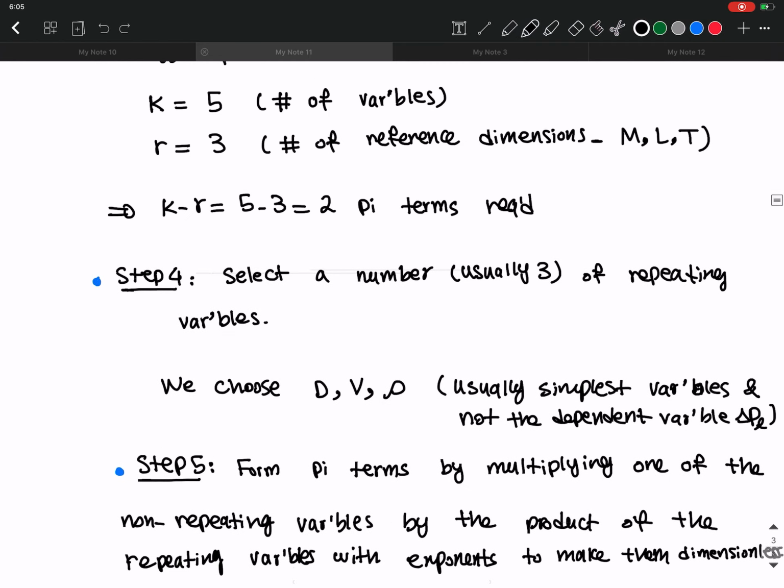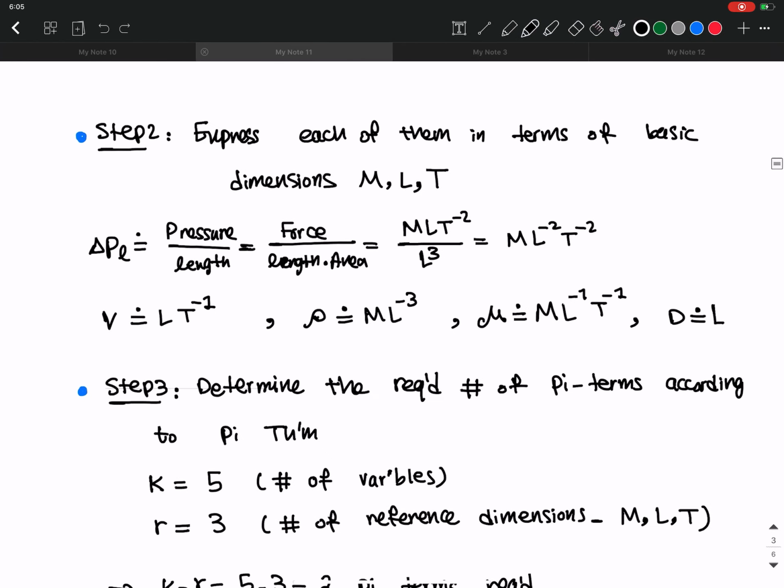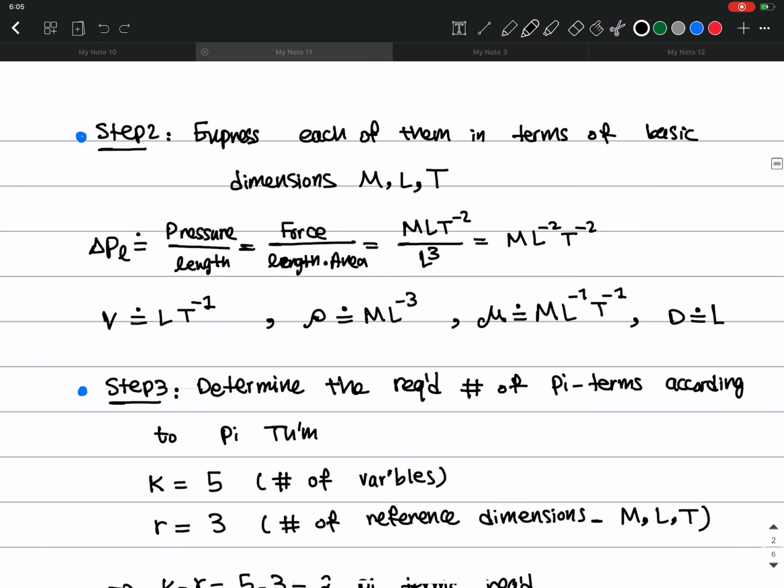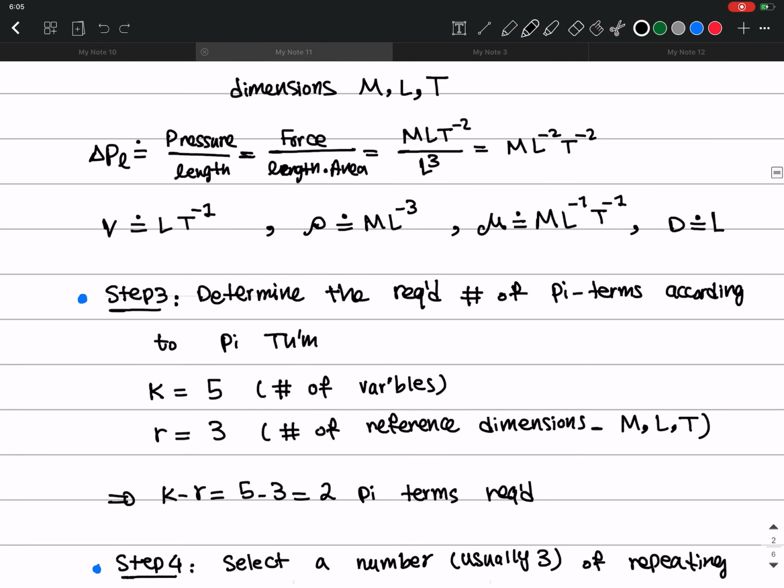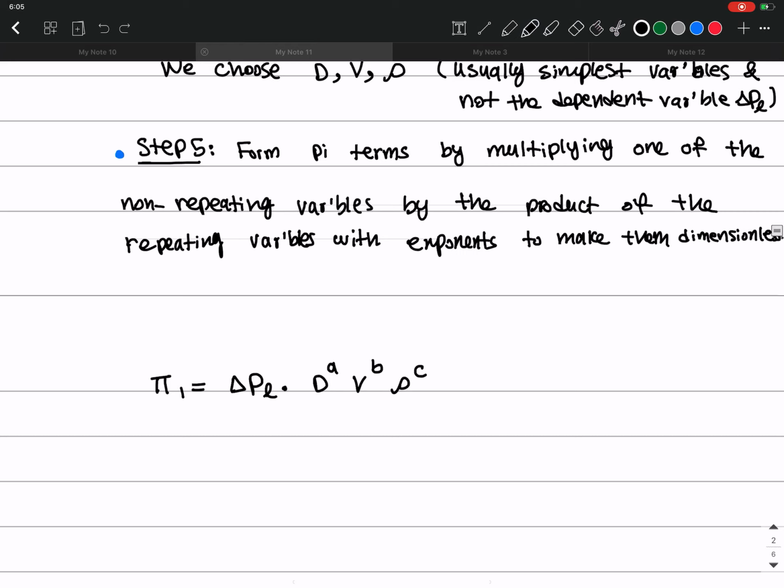In order to do that, we already have the dimensions of all these variables, so I just copy them. We have ML^-2 T^-2 for the pressure.